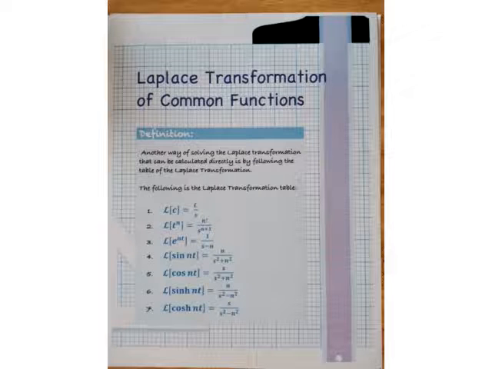halimbawa, ang f of t natin is e raised to kt. So, ang gagawin natin is, i-multiply natin para makuha yung Laplace transform nito. Ayan, so i-multiply natin yung kernel dun sa function natin. And then we perform the integration. Ayan. So imagine nyo, mag-integrate kayo nito. And then, we will have this.